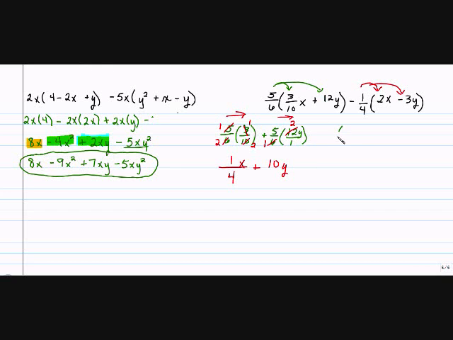So I have a negative 1/4 times 2x. Remember, I'm going to put that over 1. And a negative 1/4 times a negative 3y. You'll see in a second why I didn't put anything there.